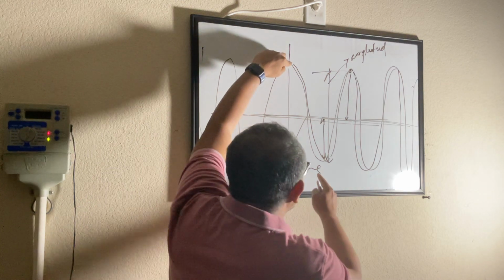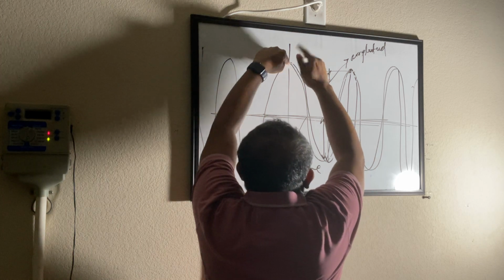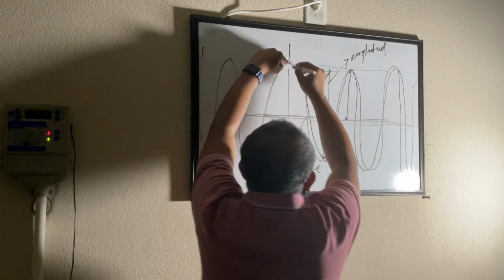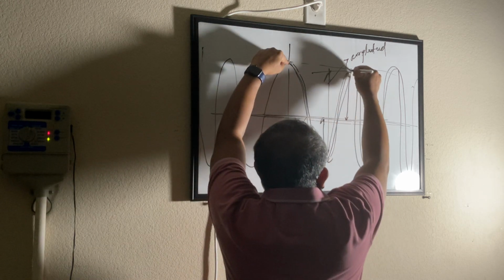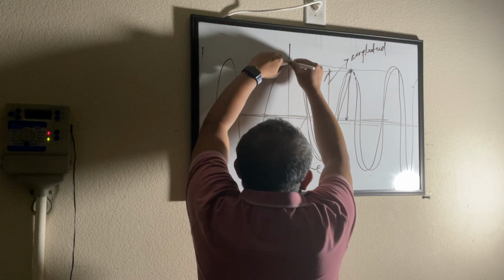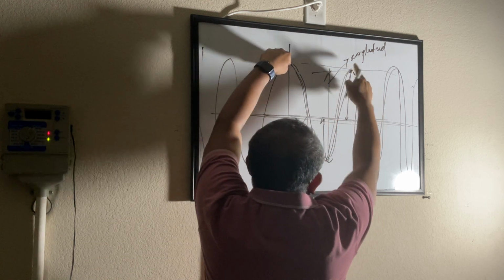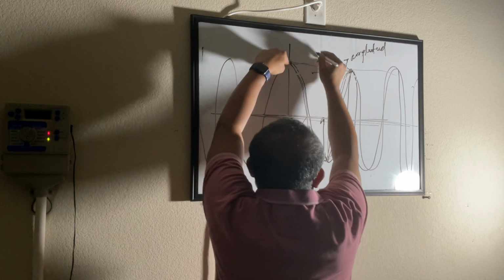You will see that it starts from a point. If you pick a point randomly, let's say along the y-axis, and see when the graph completes a cycle and comes back to that same starting point, from here to here is called one cycle.